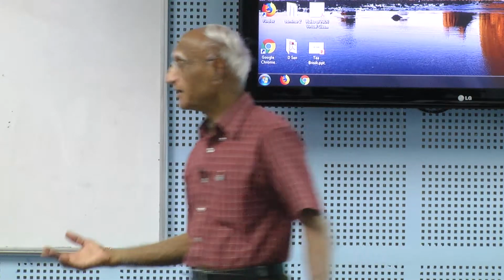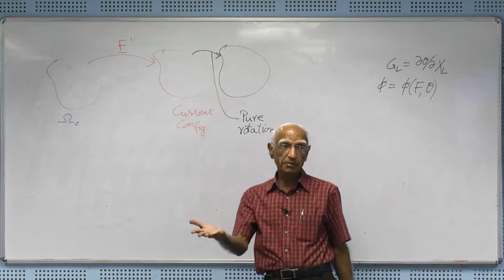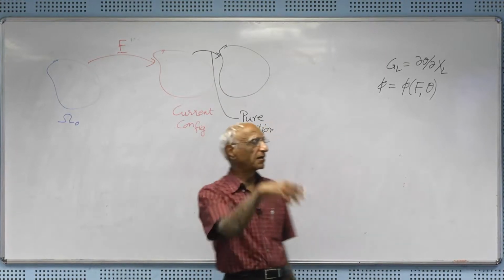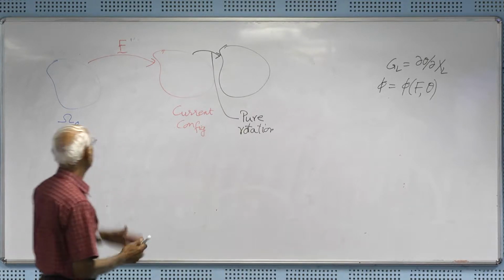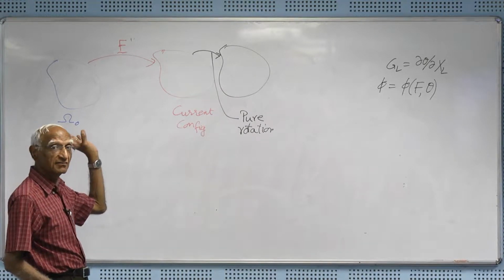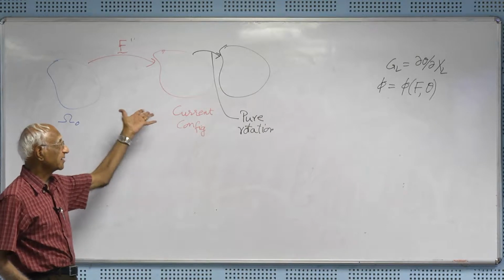Other possibilities, like you were saying, that you watch this experiment being done with respect to two different coordinate systems. Like I am in this lab, I have coordinate axes aligned along these three corners, and I apply this F, and I get this current configuration.